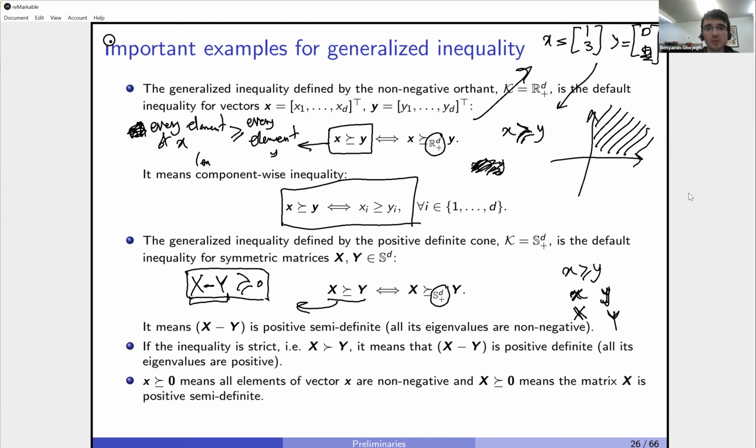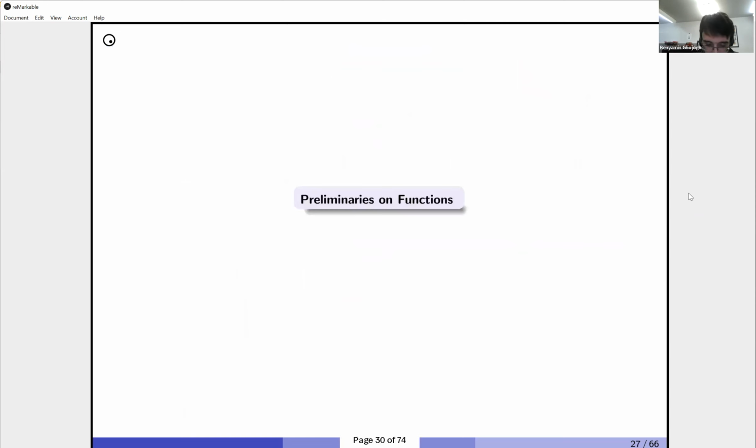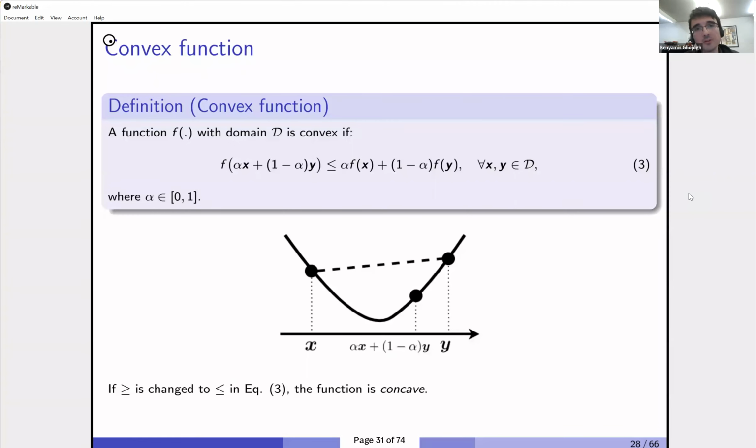This slide shows how we can have inequality. For vectors, it's element-wise comparison. For matrices, it's related to eigenvalues. Okay, so preliminaries on sets is over now. Now we go to some important things about functions.